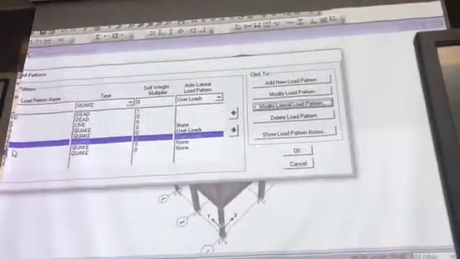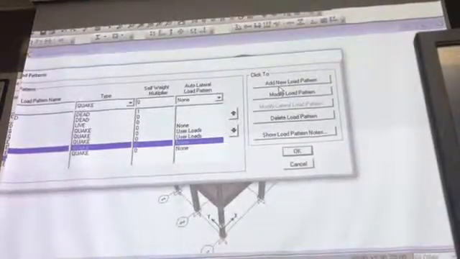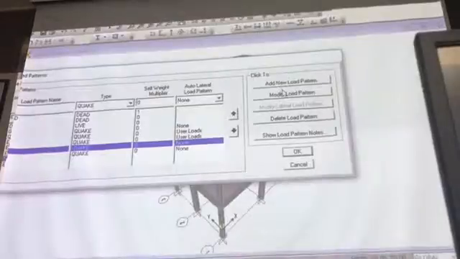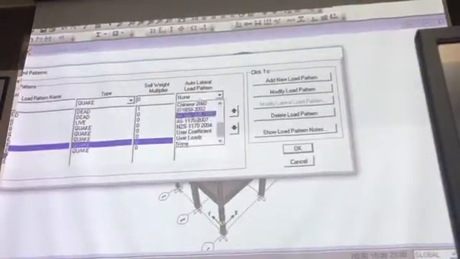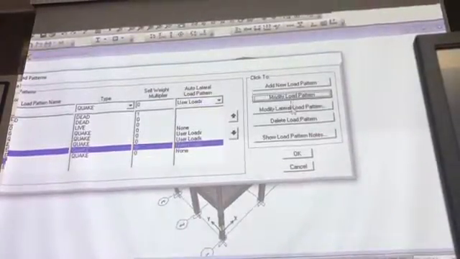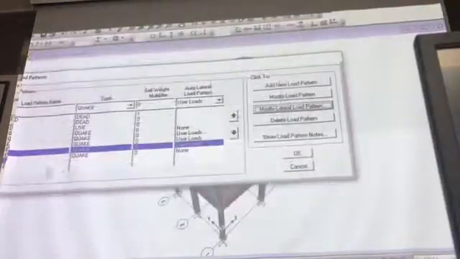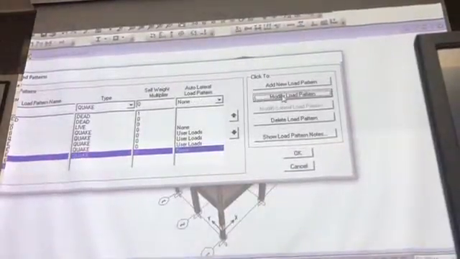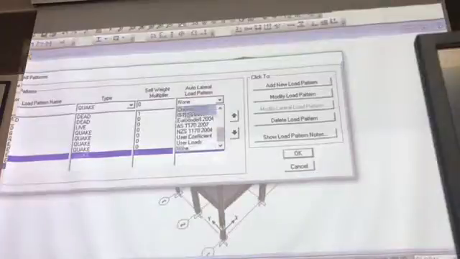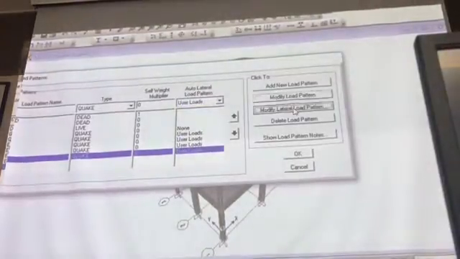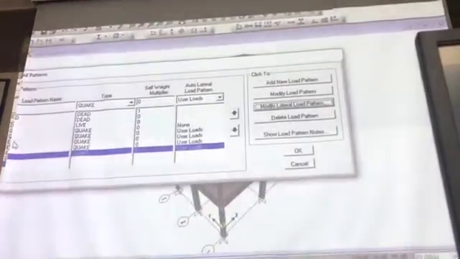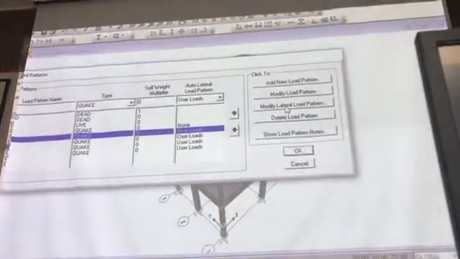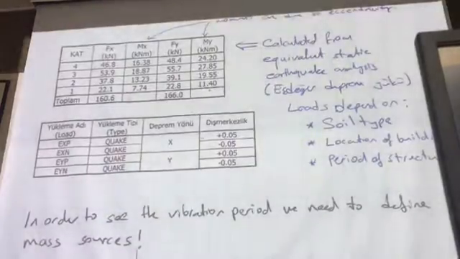And we are going to write loads here. EYP, user loads, modify. We are going to define our lateral loads here. Now in the next direction, EXP, these will be the loads.